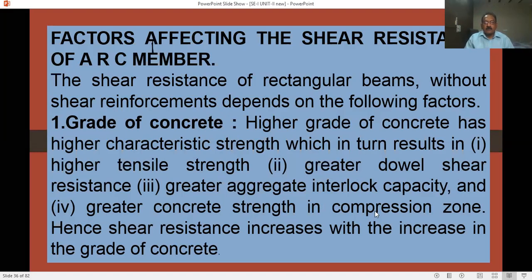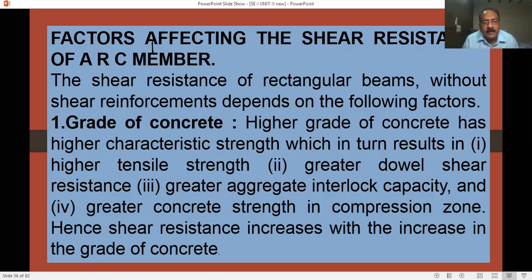See, the first factor depends upon the grade of concrete. If you use a higher grade of concrete, you will have fewer shear cracks and you will need fewer vertical stirrups or inclined stirrups.